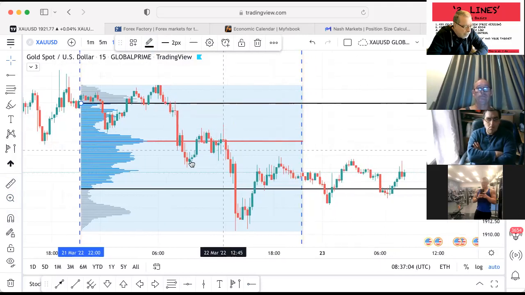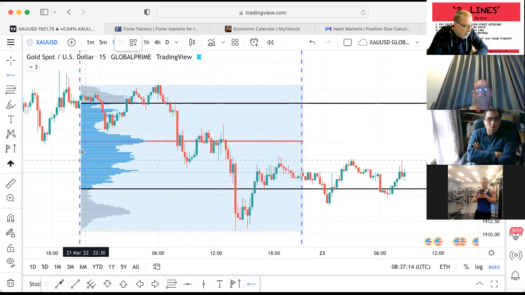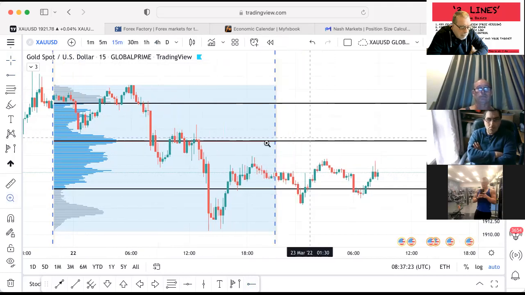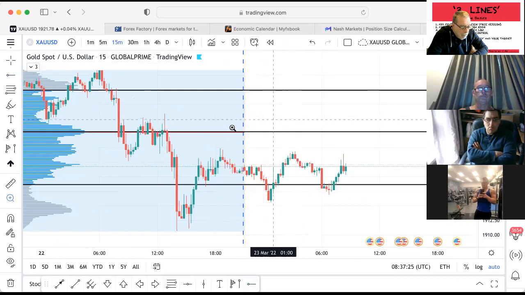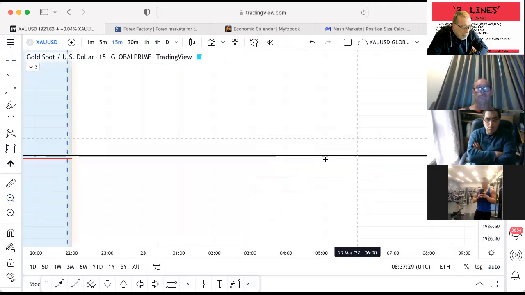And the red line represents the point of control, which will become today's target. So we'll superimpose a horizontal ray on there. And again, just to make sure we're completely accurate, we'll just see. There we go.